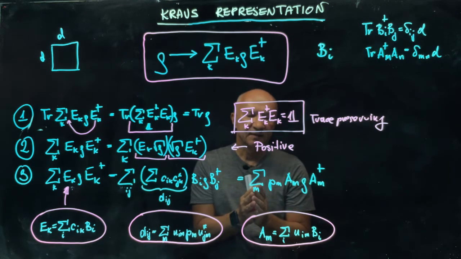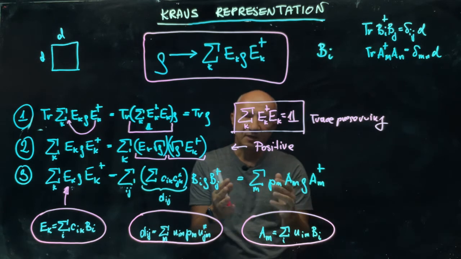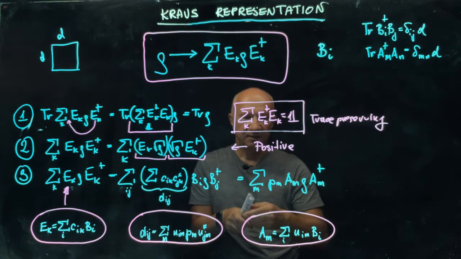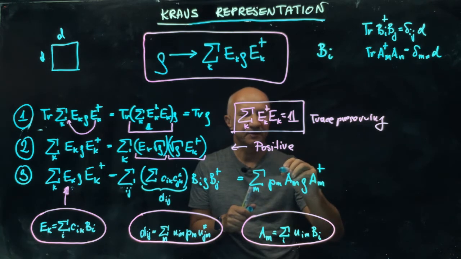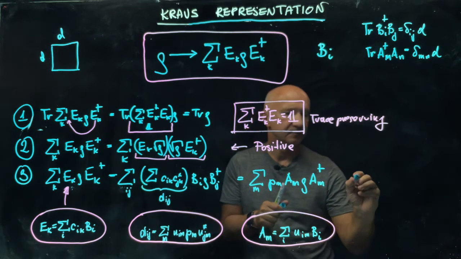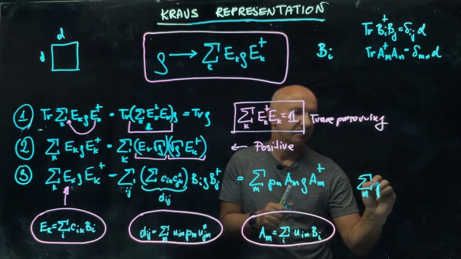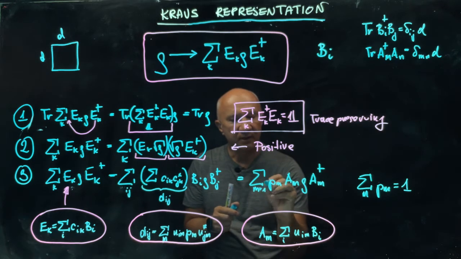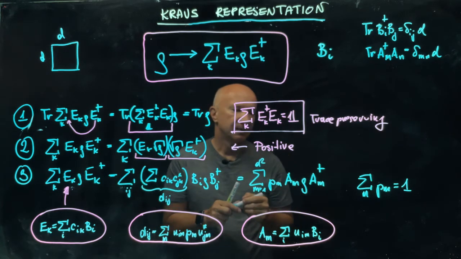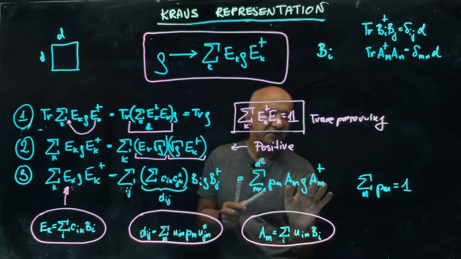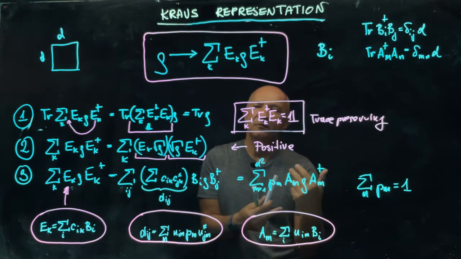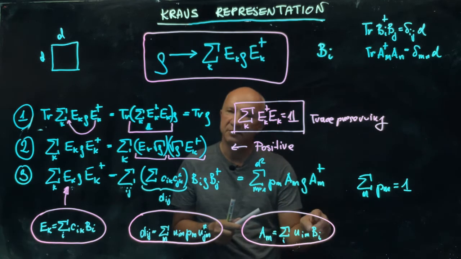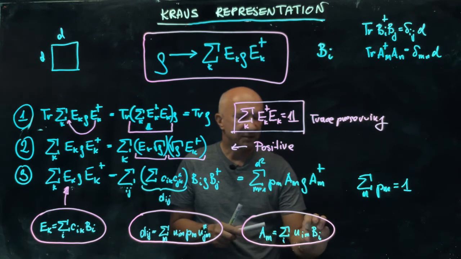So when you do this using the spectral decomposition, you can rewrite this expression here in terms of the sum over p_m. p_m is the eigenvalue of this matrix, the positive number. In fact, you can show that all those numbers add up to 1. So the sum over m of p_m is equal to 1, and m goes from 1 now to d squared, and those operators here are unitarily related to the original basis vectors that you picked.